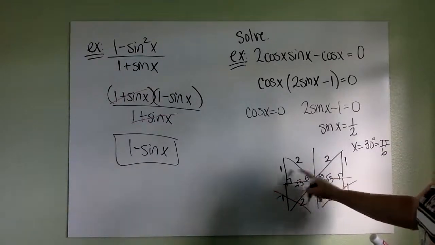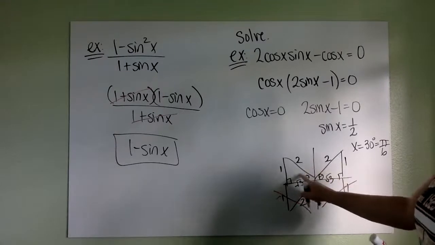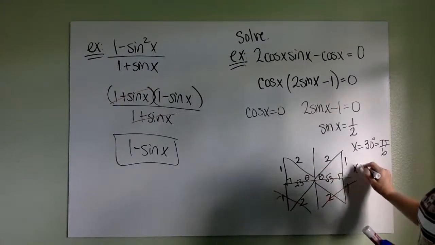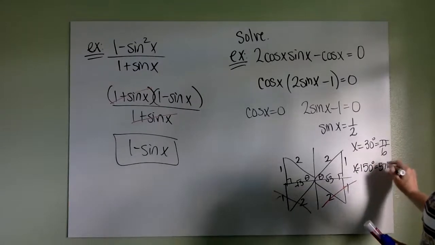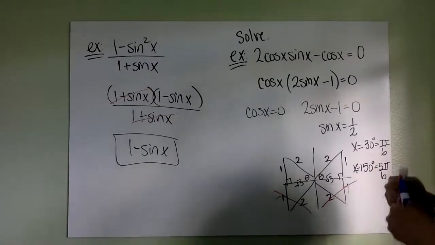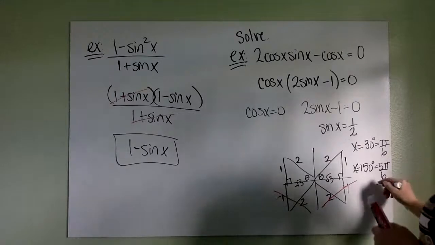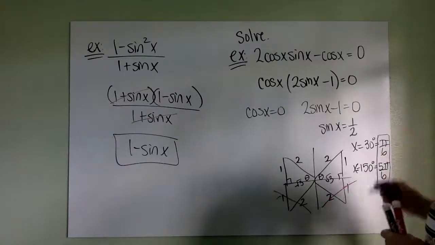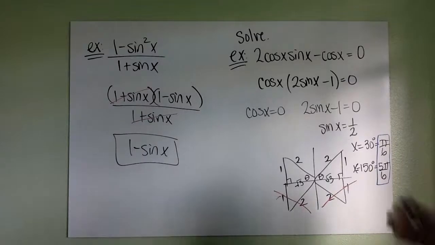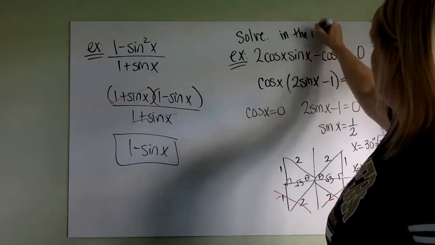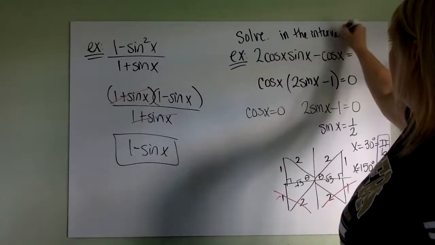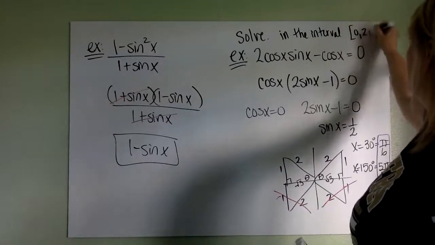And then this one over here, if the reference angle is 30, the angle is 150, or 5 pi over 6. You will be looking for the radian measure, not the degrees. The question will say in the interval 0 to 2 pi.